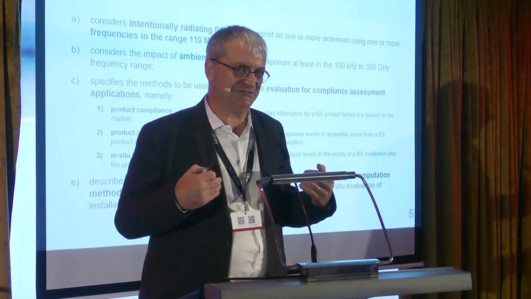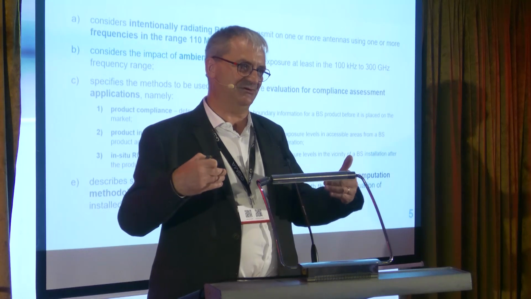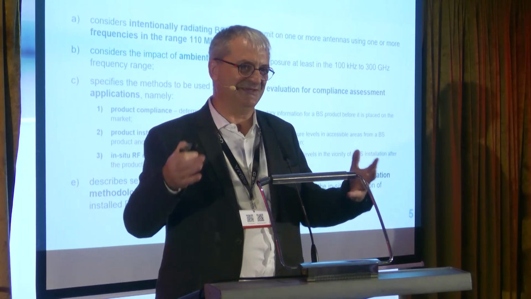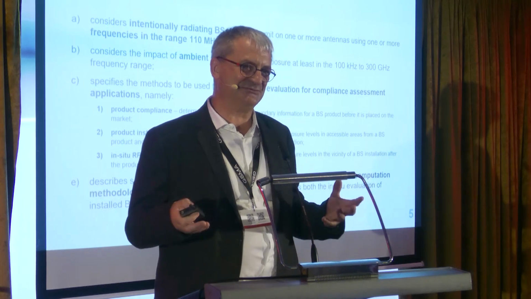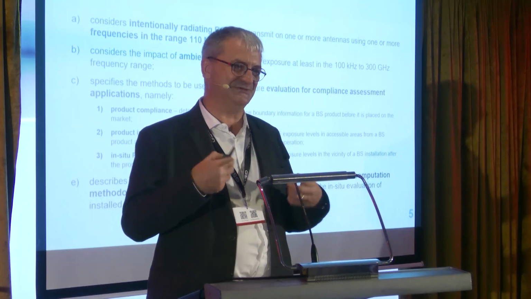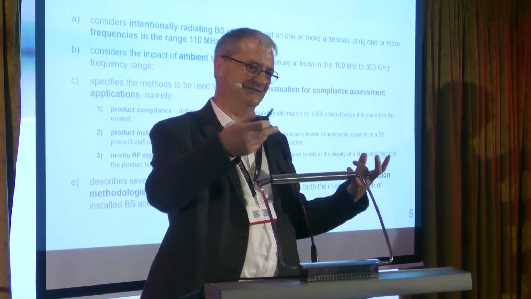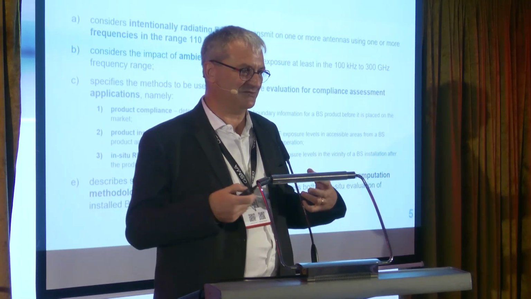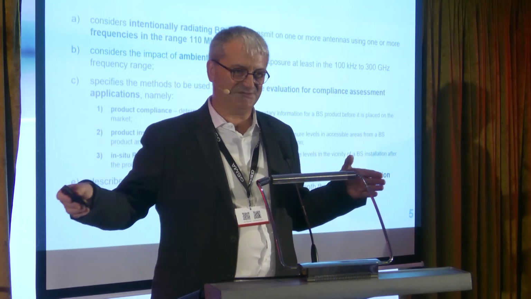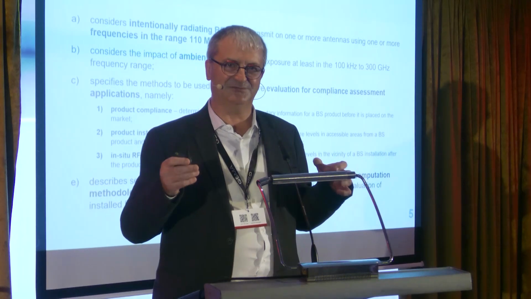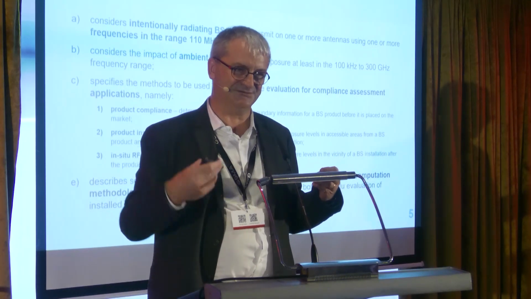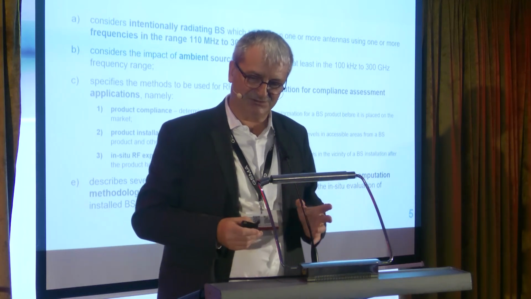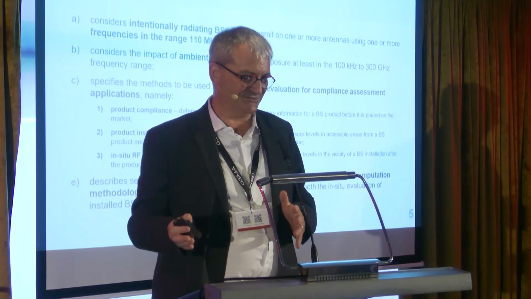What is important for base stations, since we deploy base stations in the field, is that we have to take into account not only what the base station will radiate itself, but also the ambient sources. Ambient sources can be the other base stations on the same rooftop, but they can also be the broadcast transmitters around, etc. So the range of frequency for ambient sources is larger.